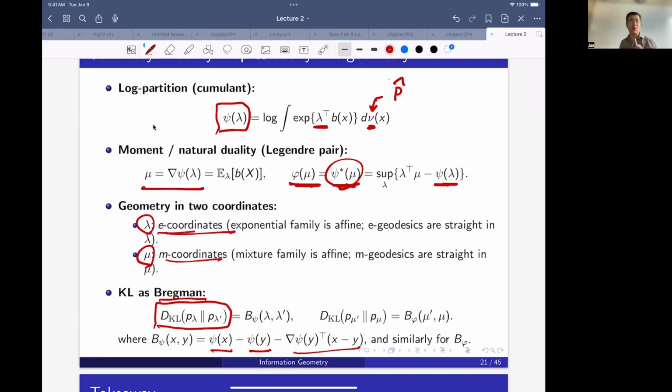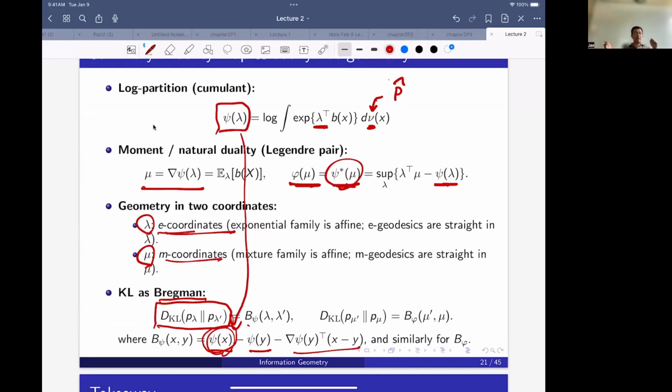So basically, remember in our Kullback-Leibler, this one, this psi is this one. So actually, this potential function determines the whole space, whole everything, basically, right?